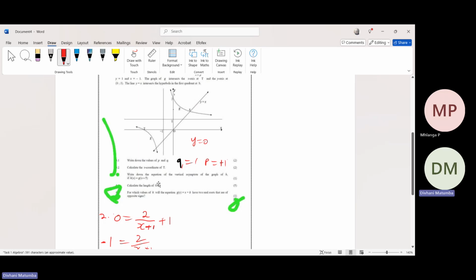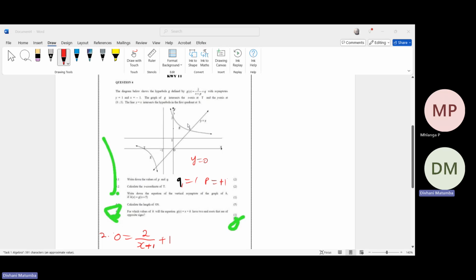When the shift is plus 5, it means your graph is going to shift to the left by 5 steps. So from minus 3, it's minus 8.